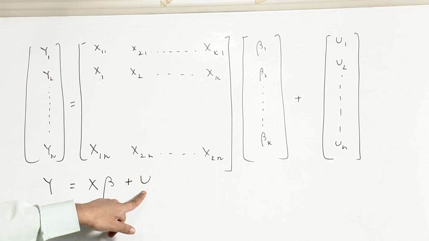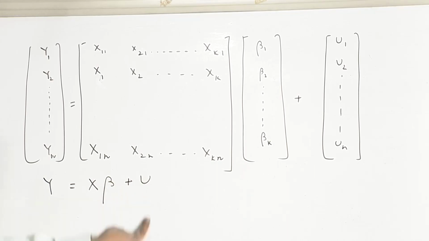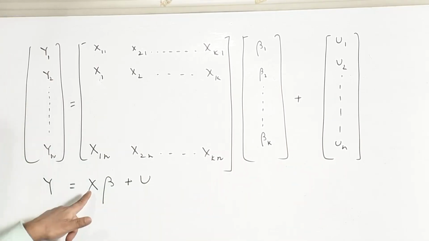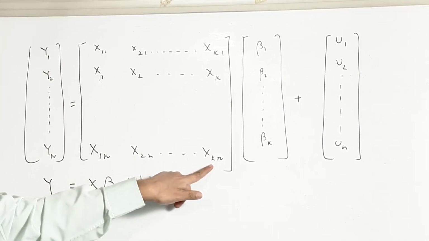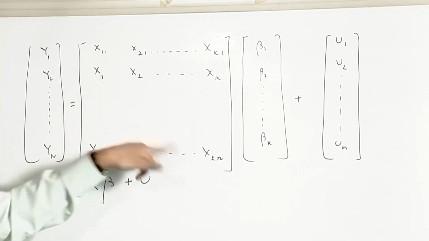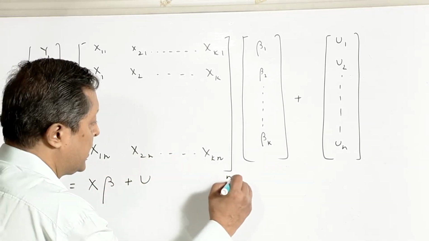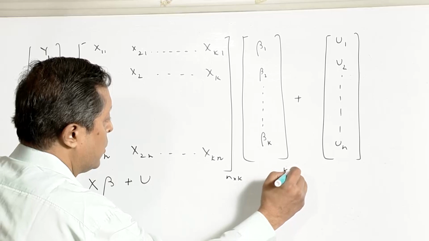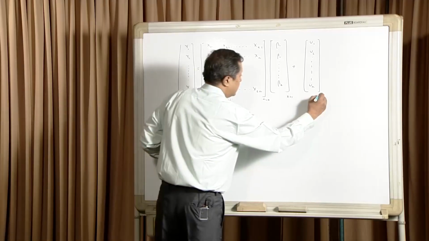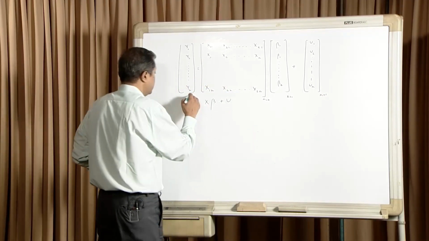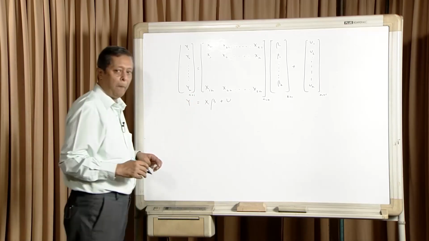This is the u vector we have already introduced, u1 to un. This x matrix has order k columns and n rows. That means it is of order n cross k. This is k cross 1, this is n cross 1, and therefore, this is also n cross 1.